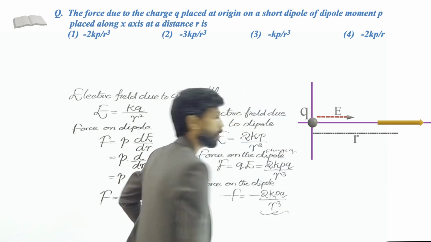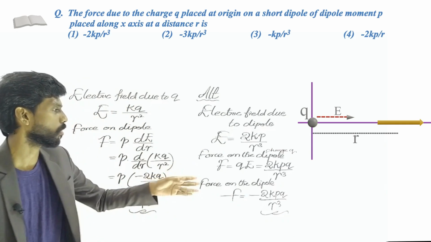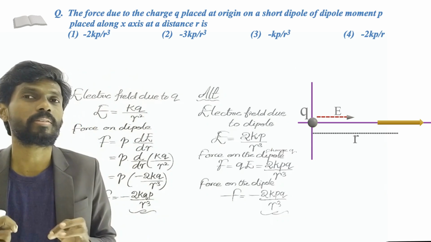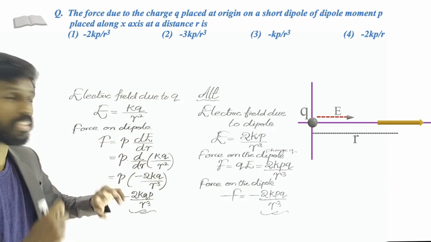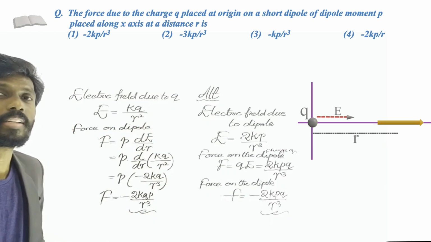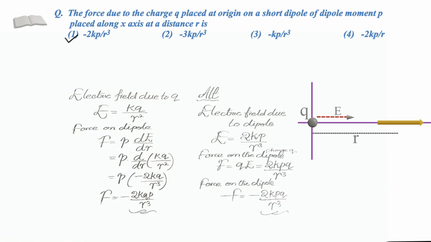The negative of this, the magnitude has the same value, 2kpq divided by r cube. So that is the required answer. The electric field is not uniform here, so the force has this formula. We can either use this formula or use that method to find the force due to a point charge on a dipole.